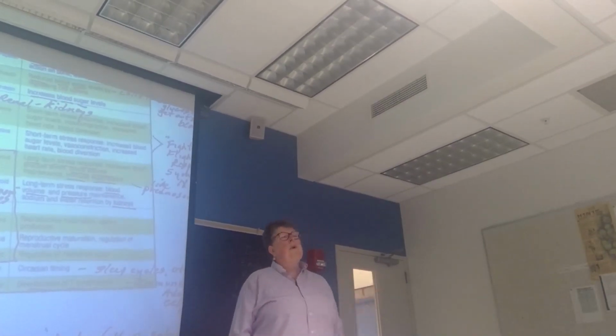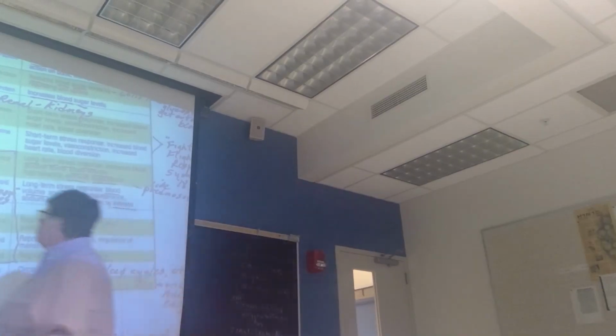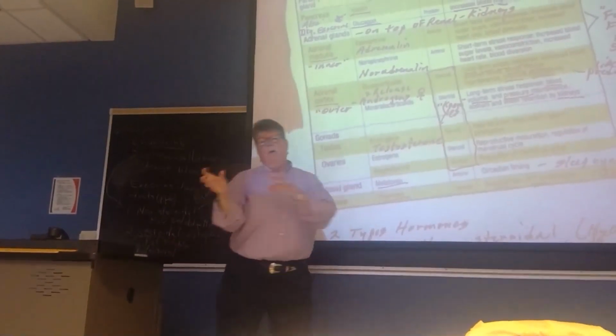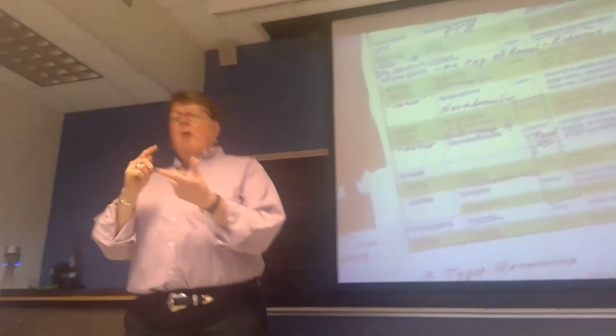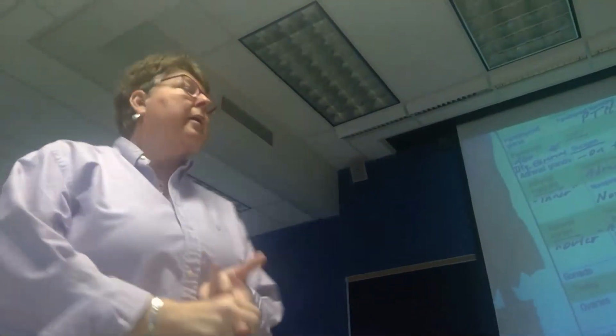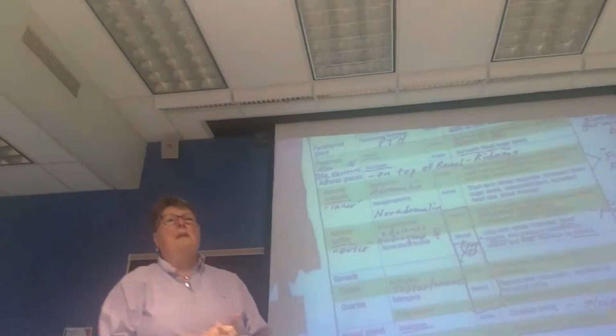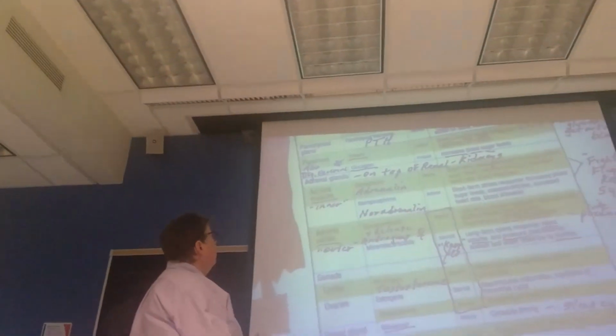Now, obviously more difficult than what I'm about to say, but there are 2 hormones produced in a certain part of the pancreas. One is called insulin and one is called glucagon. Is that the islets of Langerhans? Yes, for the insulin.